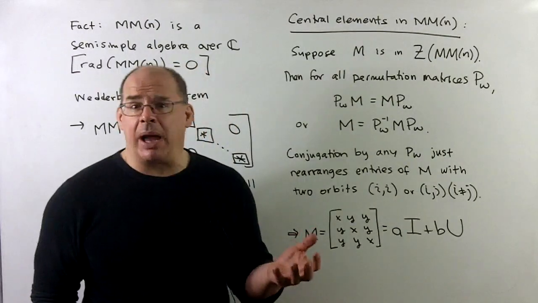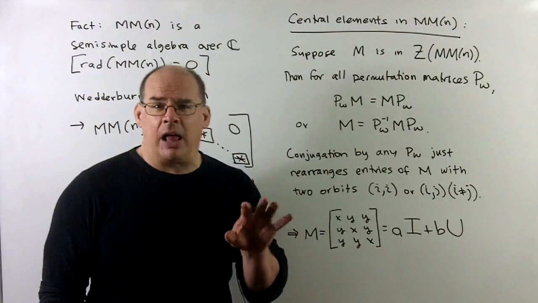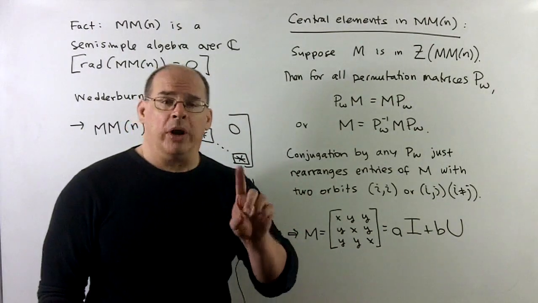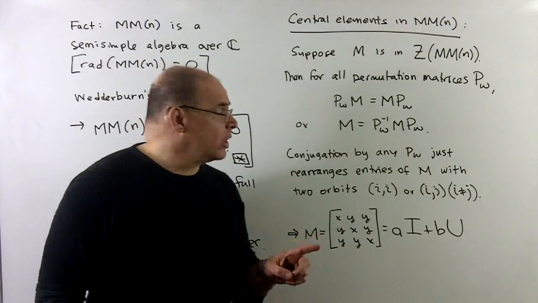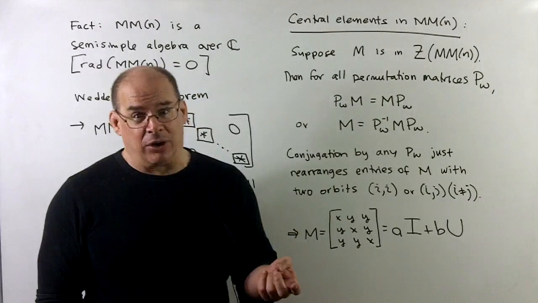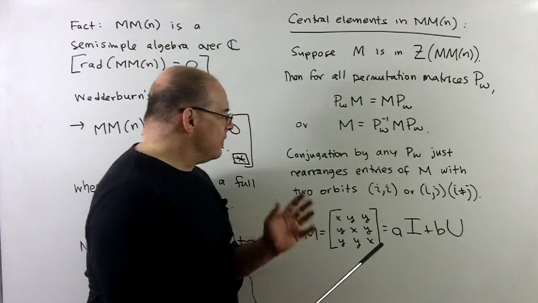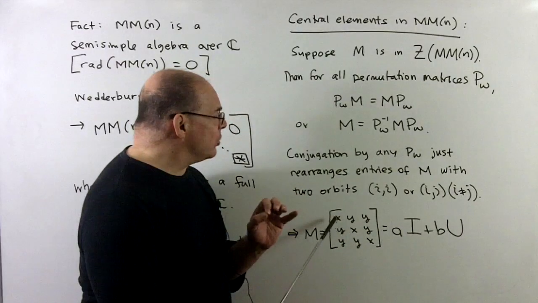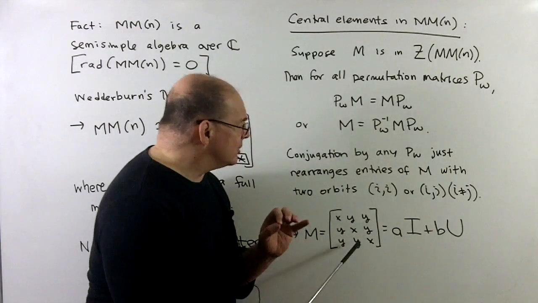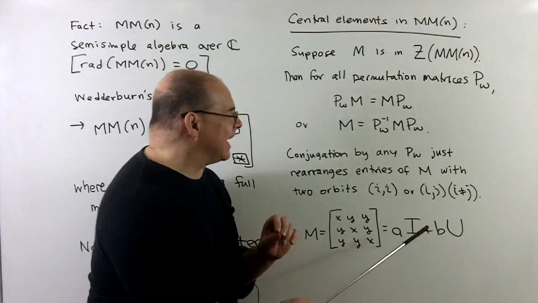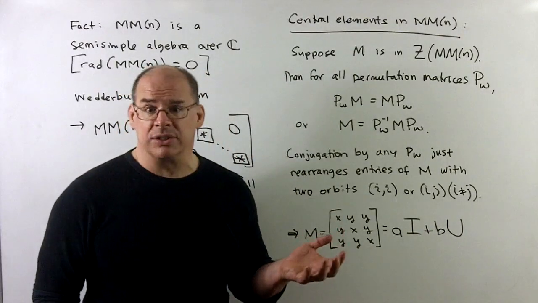What does conjugation by a permutation matrix do? Well, we're not taking linear combinations of elements here, at least not proper. We're just shuffling the entries around the grid with 2 orbits, on the diagonal and off the diagonal. So if M is going to be unchanged under all of these, then we have to have constant values along the diagonal and constant values off of the diagonal, which means we're looking at a linear combination of the identity and my U matrix, which consists of all ones.